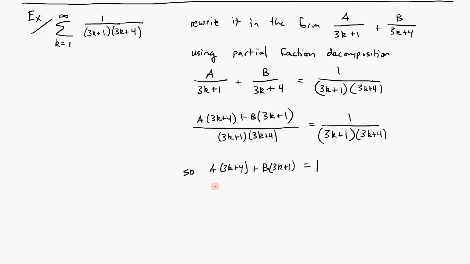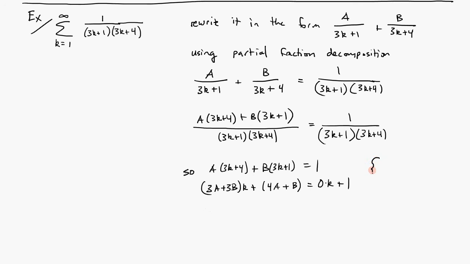Collecting like terms, you get 3a plus 3b times k plus 4a plus b for the terms without k, and this has to equal 1, which is the same thing as 0 times k plus 1. The coefficient of k should be the same, and the constant term should be the same.